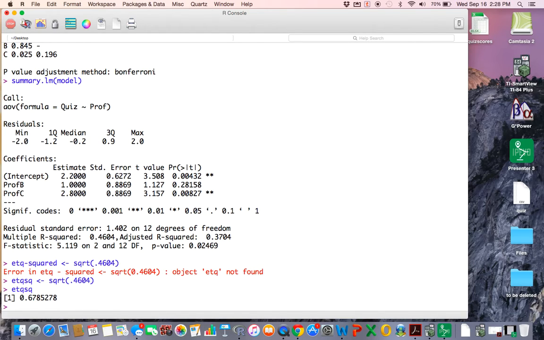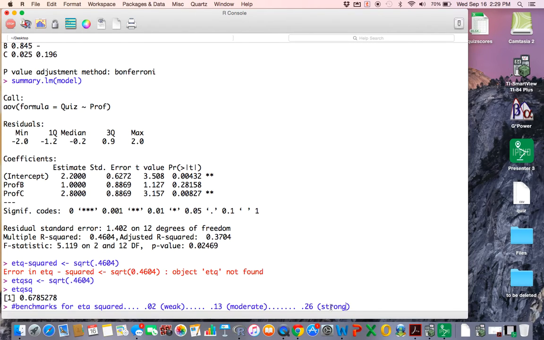So 0.02, as I understand it, would be a weak effect, out to 0.13, out to 0.30, or I think actually they double that, and we'll call it 0.26.